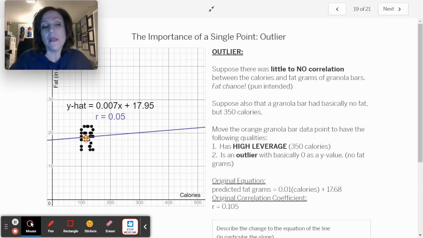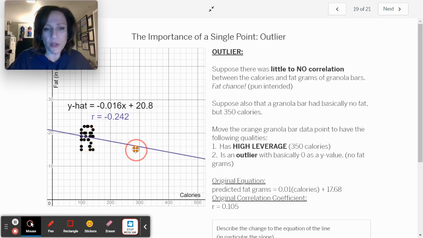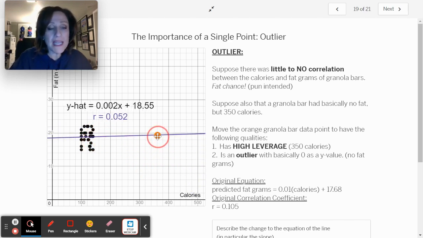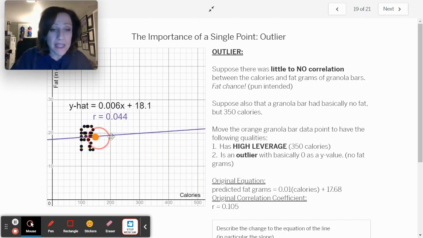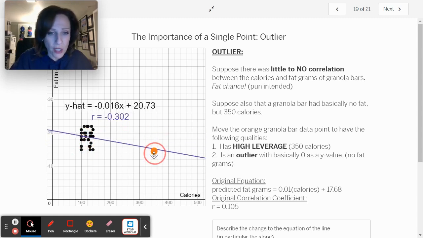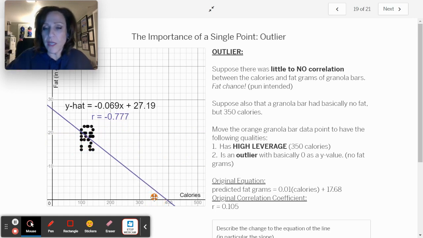That probably could happen because you could have almost all sugar. I don't know how you'd have that with a granola bar, but anyway, place this point. Here we go. It has high leverage because it is far away from the mean of X, high leverage, and outlier, kaboom, right down there. 350 calories with basically zero fat grams.